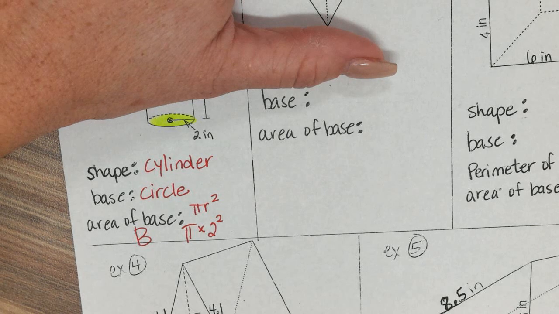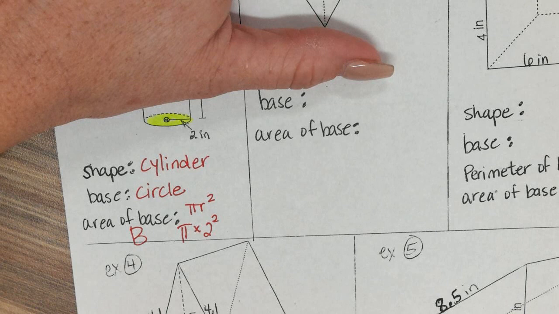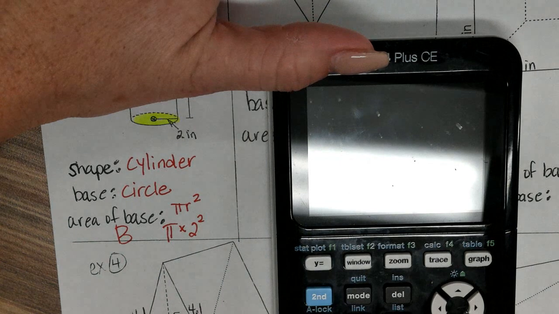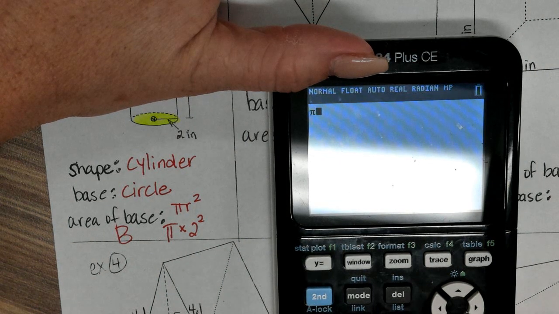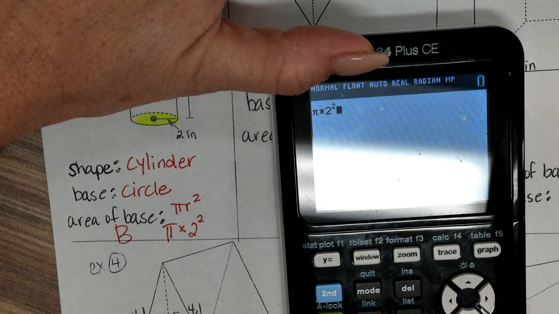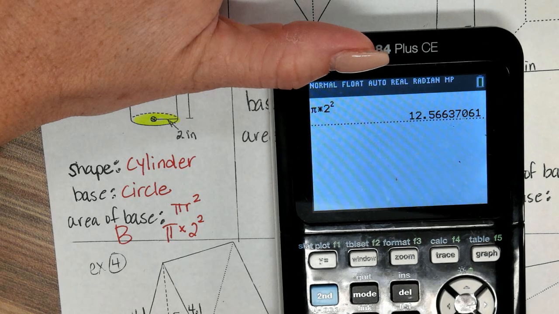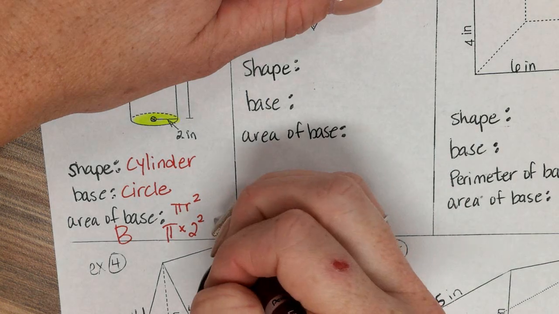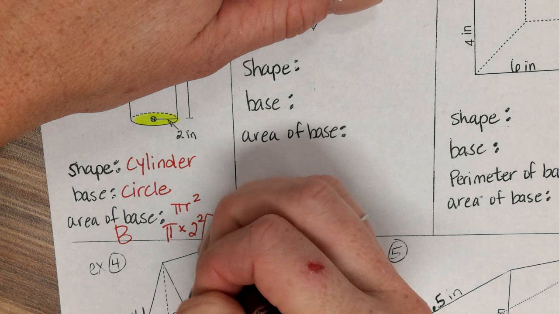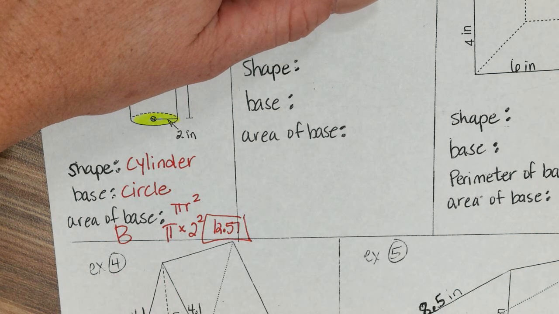No pi r squared h, nothing like that, just pi r squared because it's area of the circle. Go to your star chart and type in pi times 2 squared. And then we're going to round, 12.57. And that is the area of the circular base.